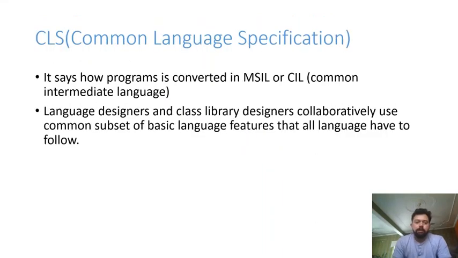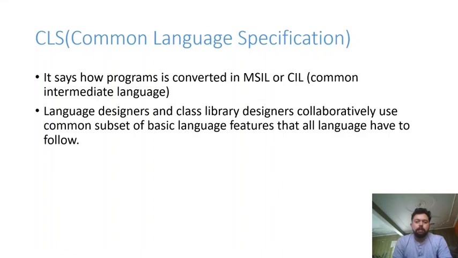The first main component is CLS, which is called Common Language Specification. As the name says, it specifies a common language. So what does CLS say? It says how a program is converted into MSIL. Recently MSIL is also known as CIL, the Common Intermediate Language.